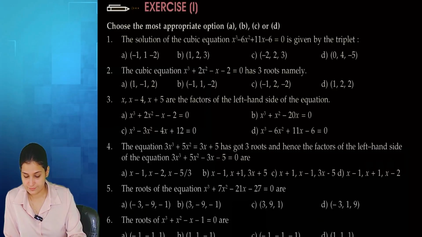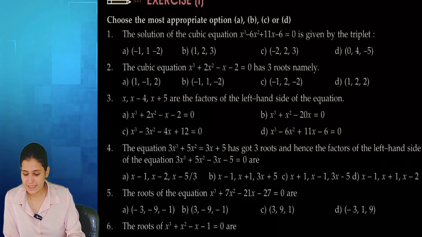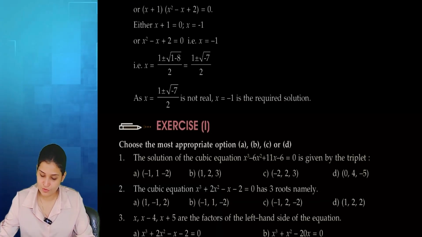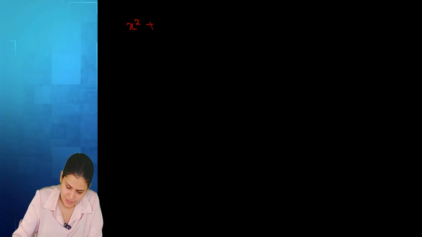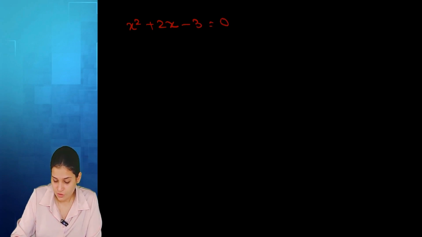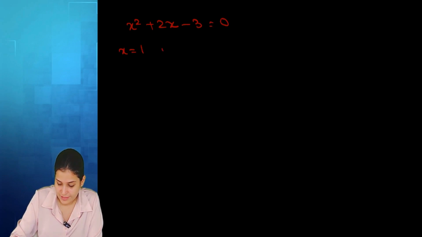Before starting this exercise, I need to tell you two things. First, if I have an equation x square plus 2x minus 3, then x equal to 1 is a solution.